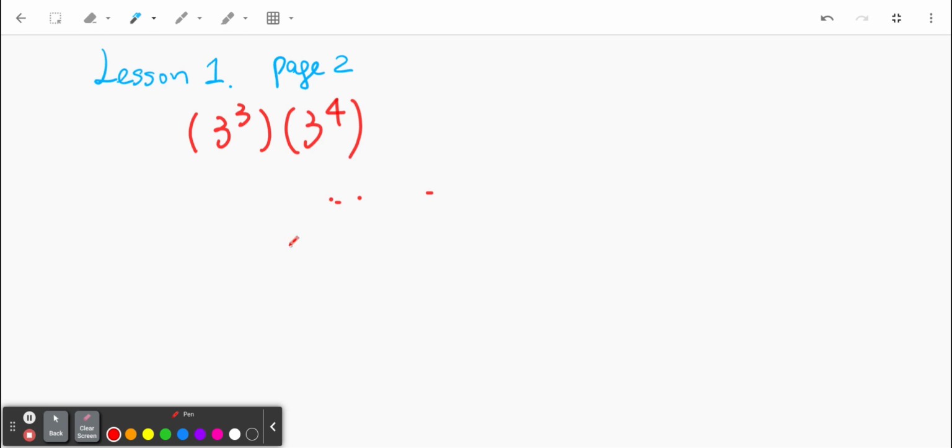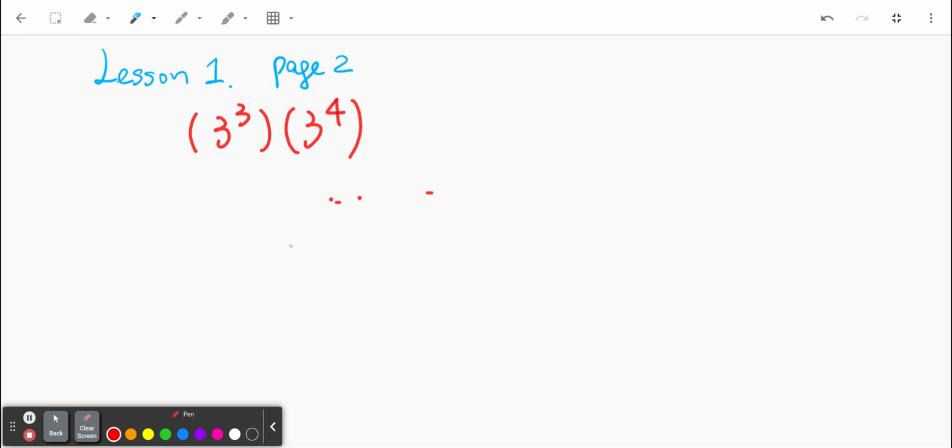What does 3 to the power 3 mean and what does 3 to the power 4 mean? What do 3 to the power 3 and 3 to the power 4 have in common? It is multiplication. Look at those two. What do they have in common?